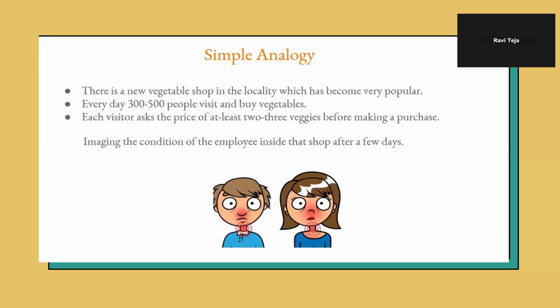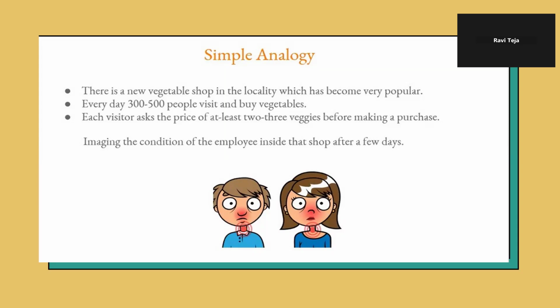If you want to buy some vegetables, you have to ask what is the price of cucumber for 1 kg, and so many people are asking him, so the shopkeeper's throat becomes very hard because he is telling the answer to each person.